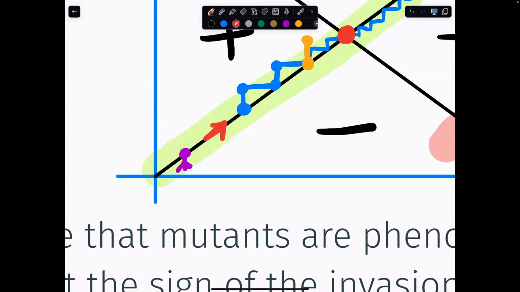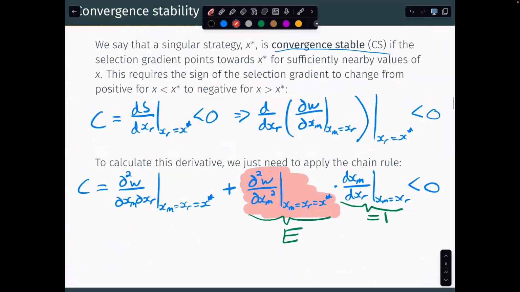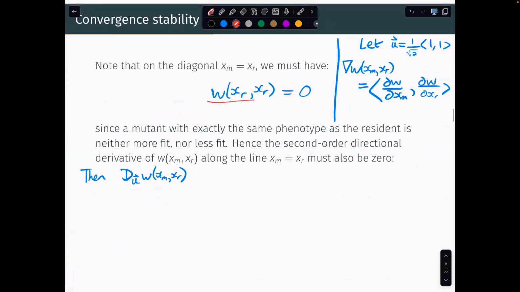Our vector u is a unit vector pointing in this direction, and we're finding our first order directional derivative in this direction, and then we find our second order directional derivative. That's all we're doing. And we know that these have to be equal to 0 because there's no change in invasion fitness along that line.